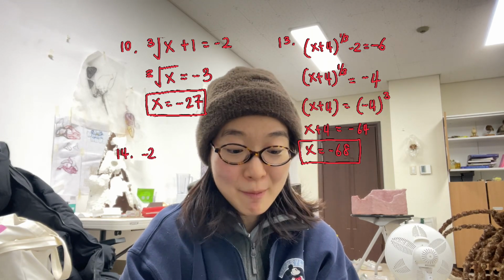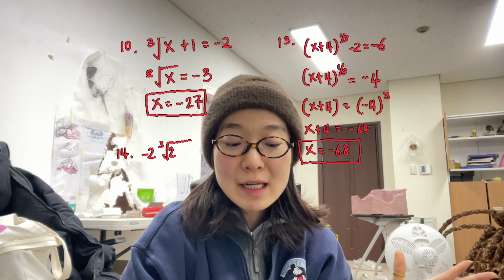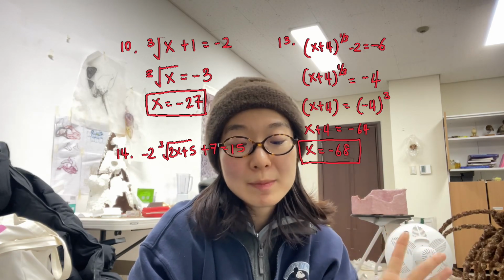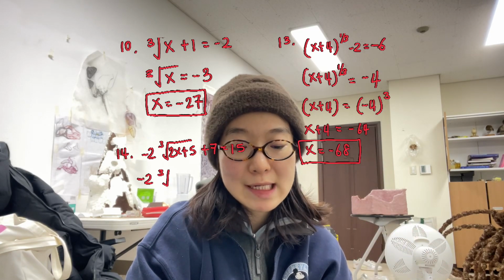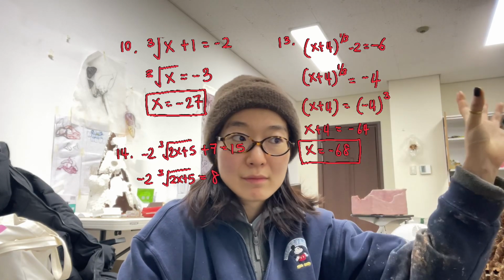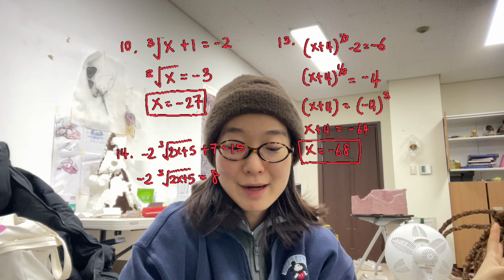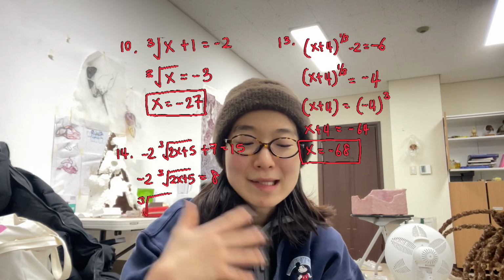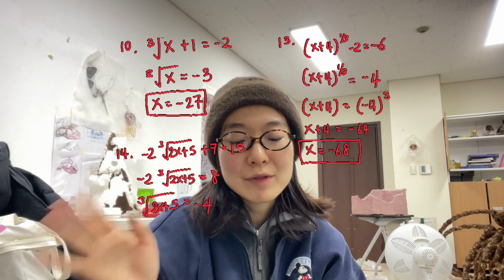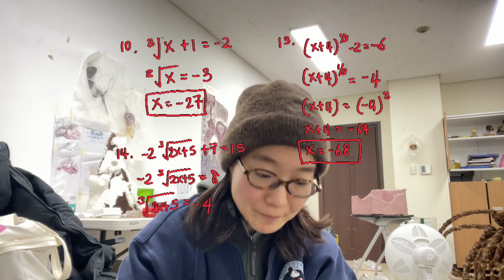And moving on to number 14, we have negative 2 times cube root of 2x plus 5 plus 7 equals 15. So let's work our way from the most outer side. So that means negative 2 times cube root of 2x plus 5 equals 8.